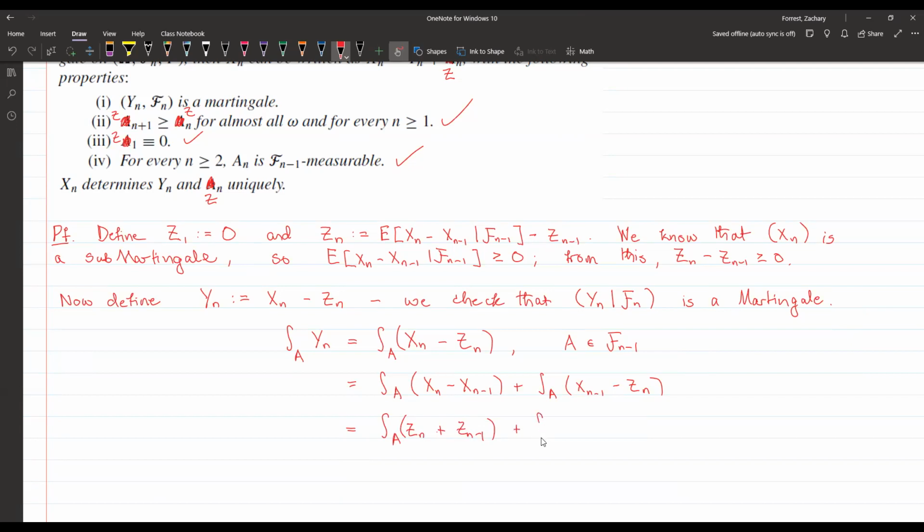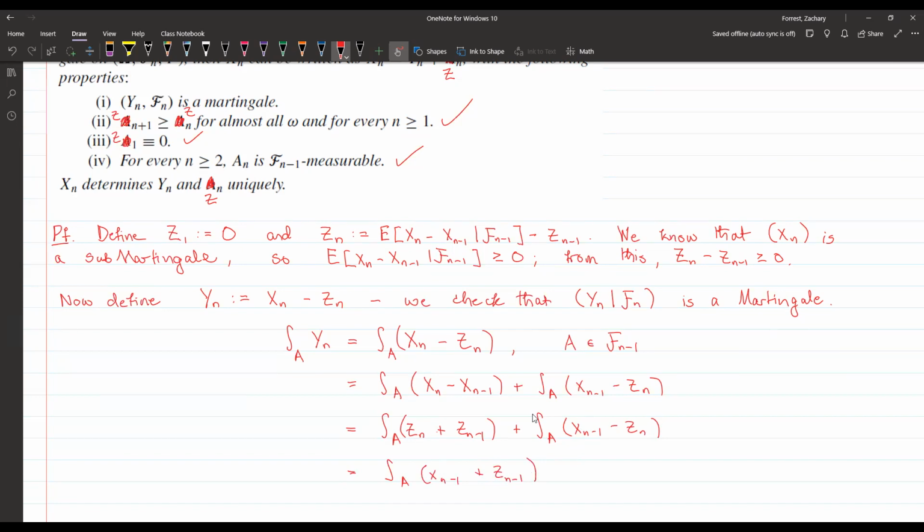And then we have this integral over A of Xn minus 1 minus Zn. And if we combine those things together, we should end up getting rid of the Zn's, and we should just end up with an integral of Xn minus 1, and then plus, based on my signage here, that.